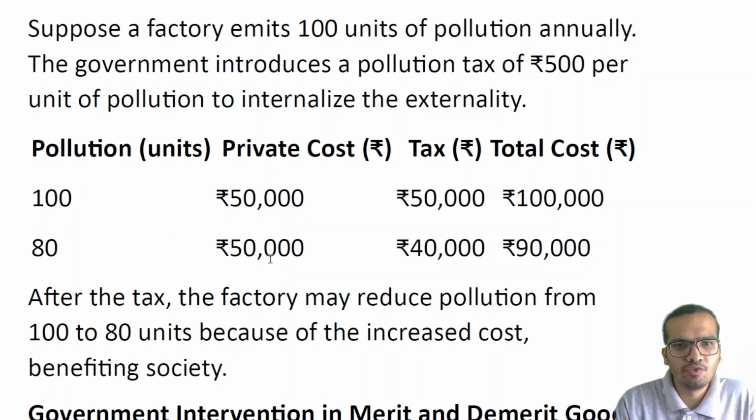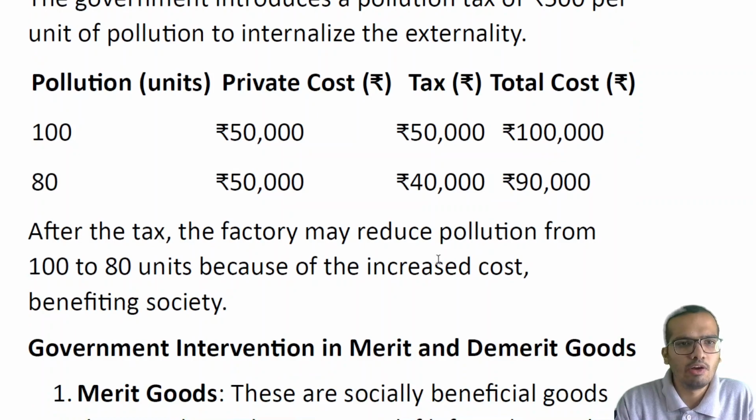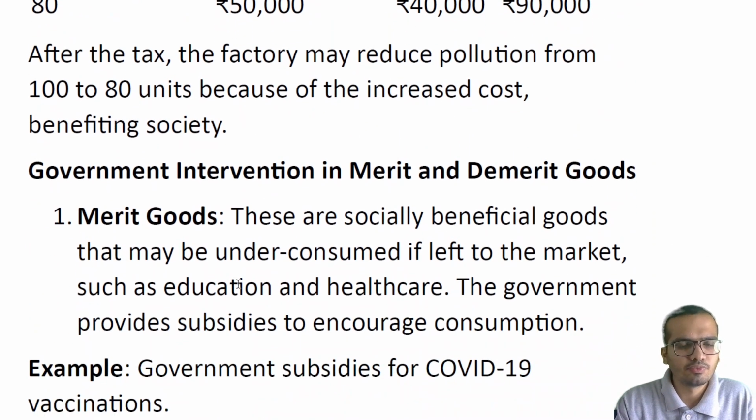The private cost is 50,000, and the tax is 50,000 in the first case and 40,000 in the second case. So the total cost will be 1 lakh for 100 units and 90,000 for 80 units. After the tax, the factory may reduce pollution from 100 units to 80 units because of the increased cost, benefiting society.